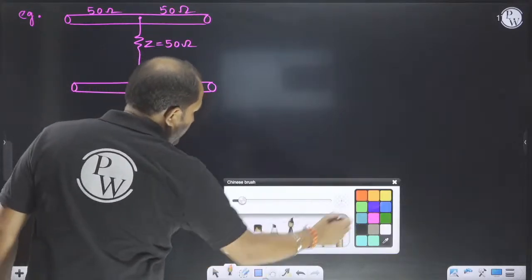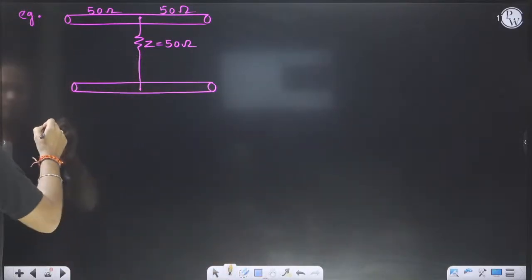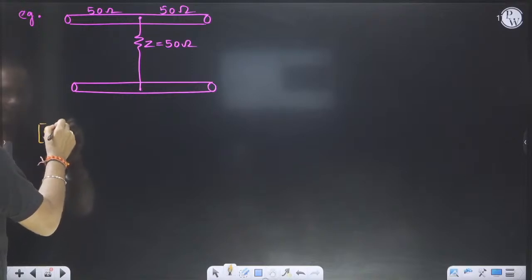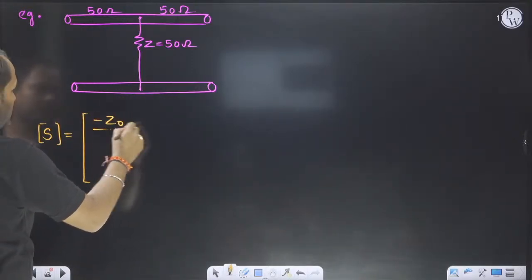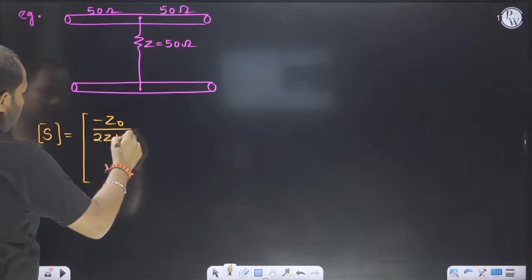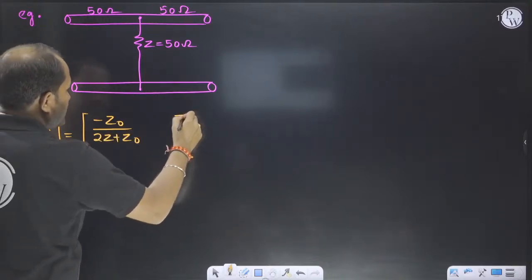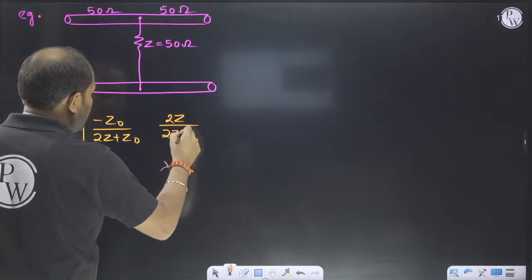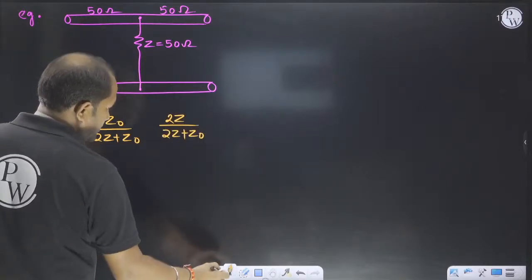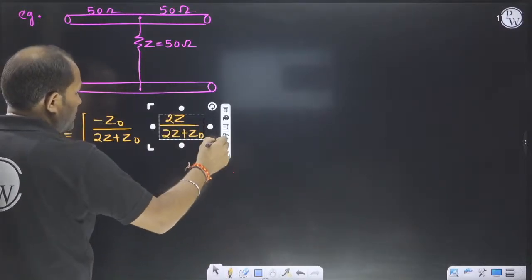They are asking what the S parameter is. So the S parameter formula will be minus Z0, 2Z upon Z plus Z0, and this one is Z, 2Z upon Z0, 2Z plus Z0. And you will calculate like this only.